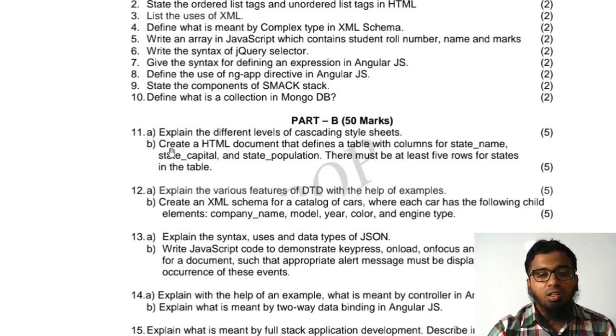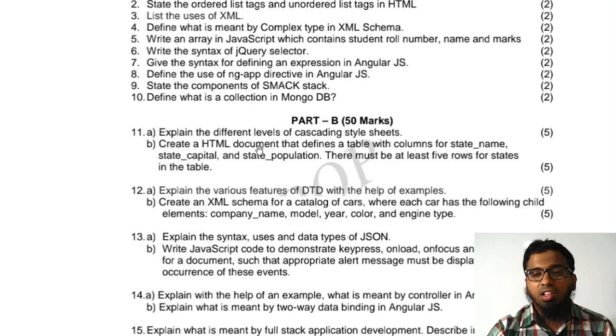Next one is: create an HTML document that defines a table with columns for state name, state capital and state population. There must be at least 5 rows for states in the table. So in the exam this exact question will definitely not come, but this pattern will come.